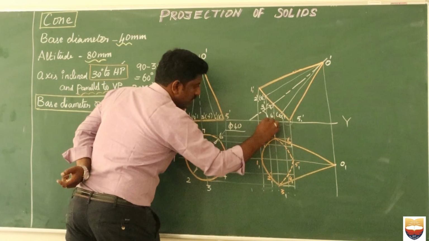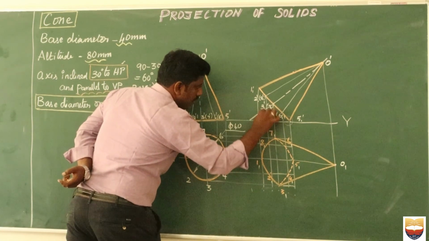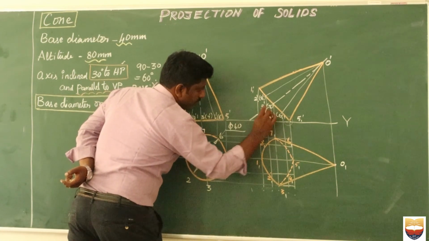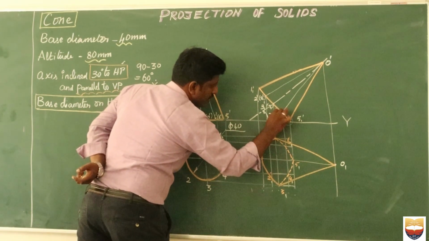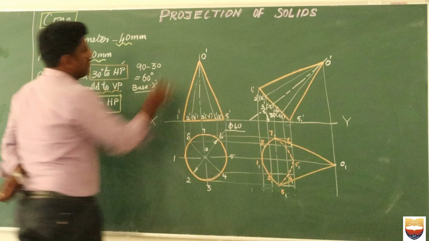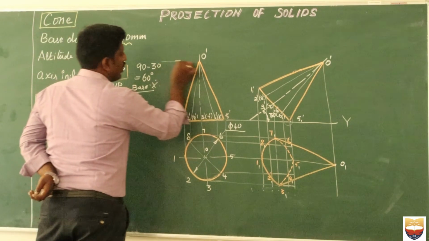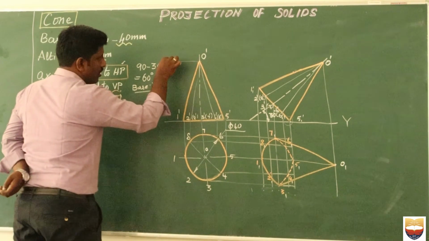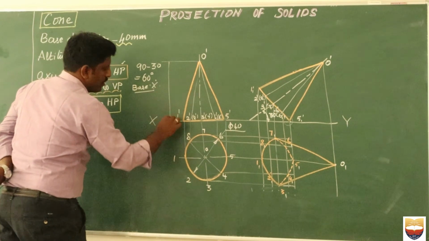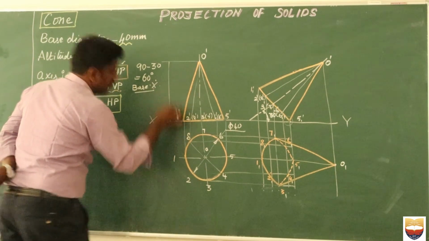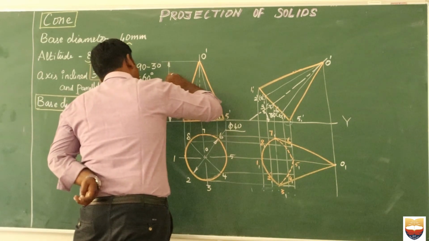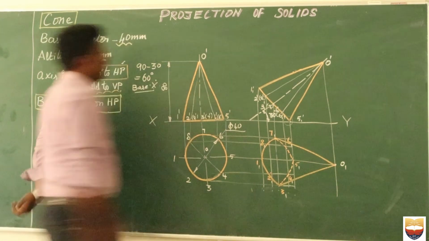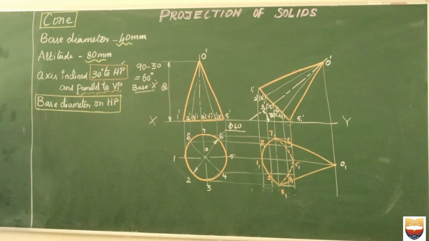So this is my 30 degree. This is my 30 degree. And similarly, I need my axis height. So draw an extension line, draw a dimension line, give your arrowhead at the bottom and at the top, and the height given is 80. So with which we have completed the problem.